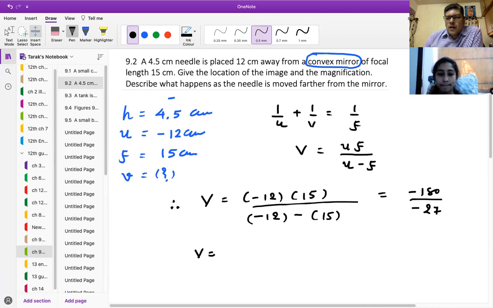So v would be minus 180 divided by minus 27.